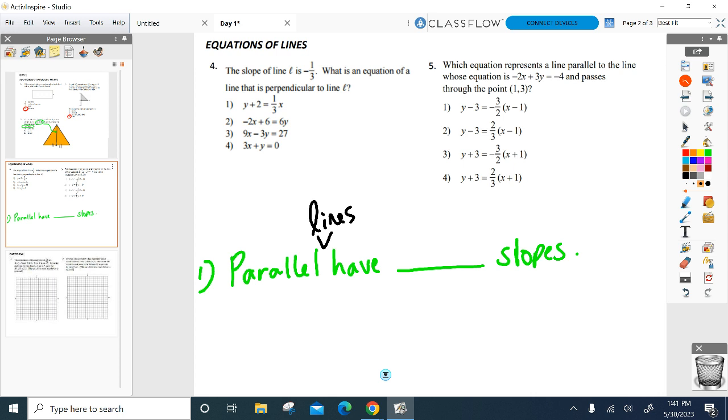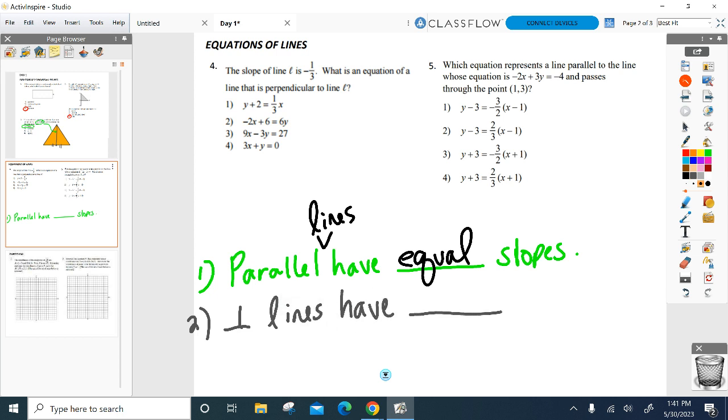Remember that one? Anybody taking that one? Sky? Equivalent, equal, same slopes. If 2 lines are parallel, you can guarantee their slopes are equal. The other type of lines we dealt with are perpendicular lines. Perpendicular lines have blank for slopes. I probably did not make that blank long enough.